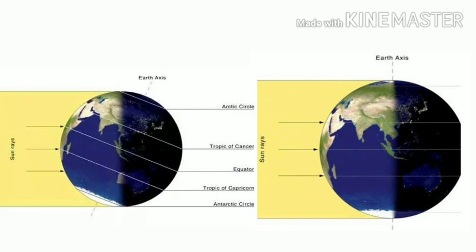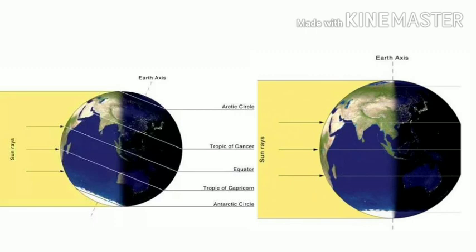In the first one, you can see the Earth is slightly slanted, and our country India is facing towards the sun, and in the other picture you can see the sun falls on India.